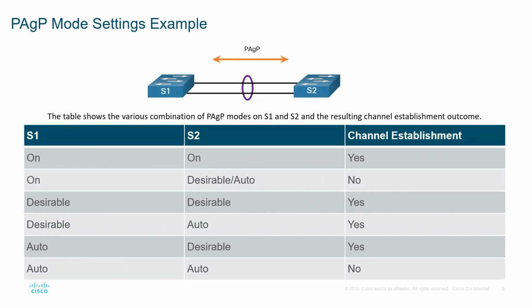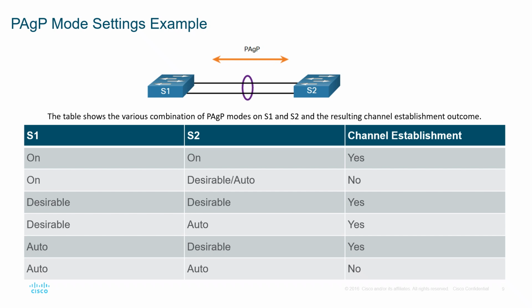So this table is going to show you the various combinations of PAgP on switch 1 and switch 2 and the resulting channel establishment. If both sides are on, an establishment will be met. If one is on and the other one is desirable or auto, there is no channel establishment. If both sides are desirable, then there will be an establishment. If one side is desirable and the other side is auto, there will be an establishment.